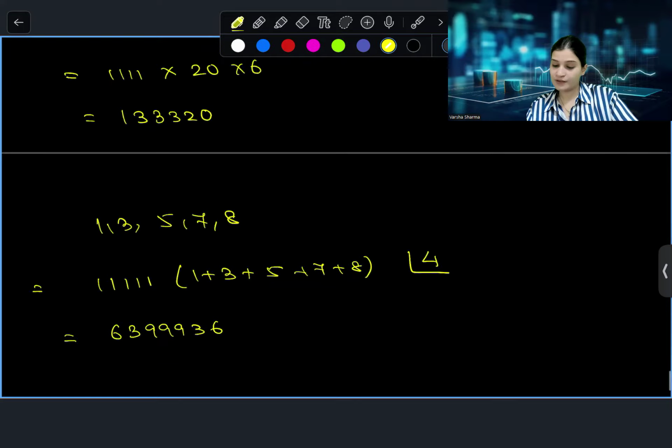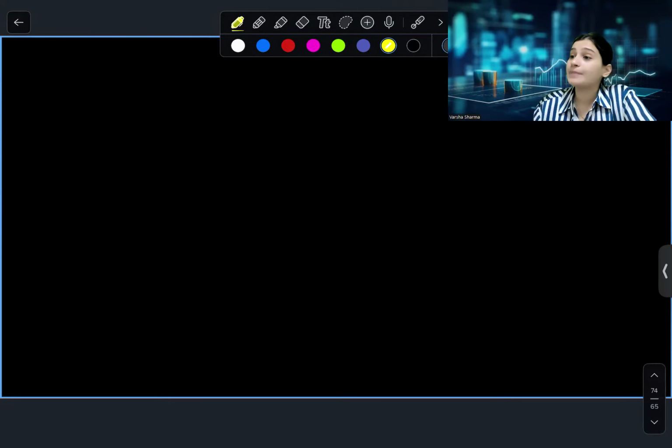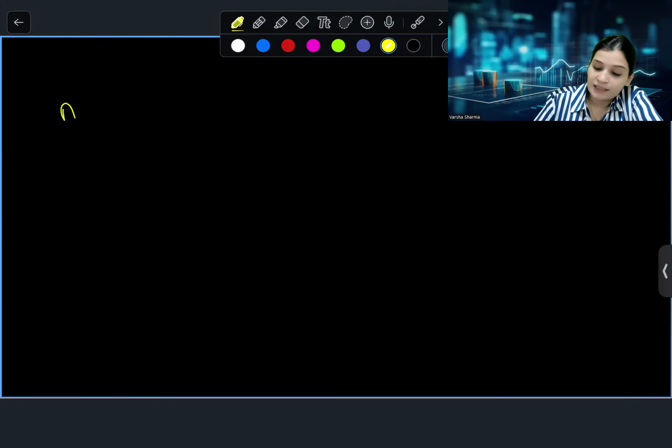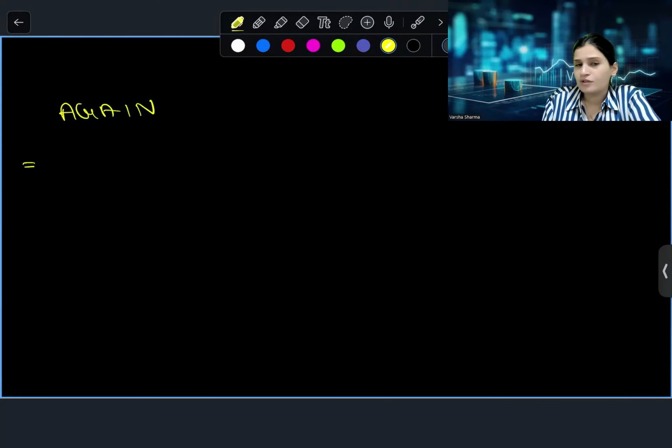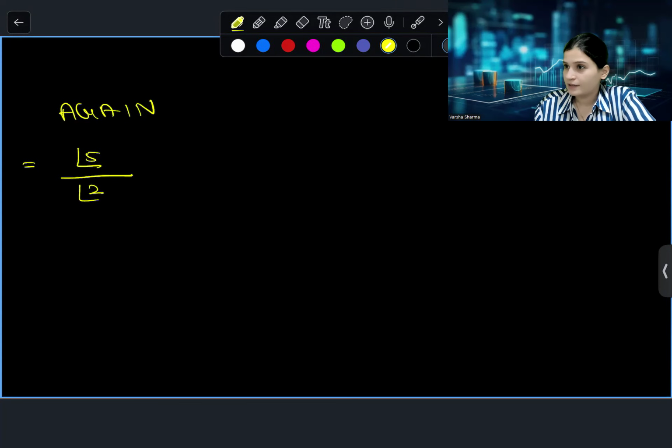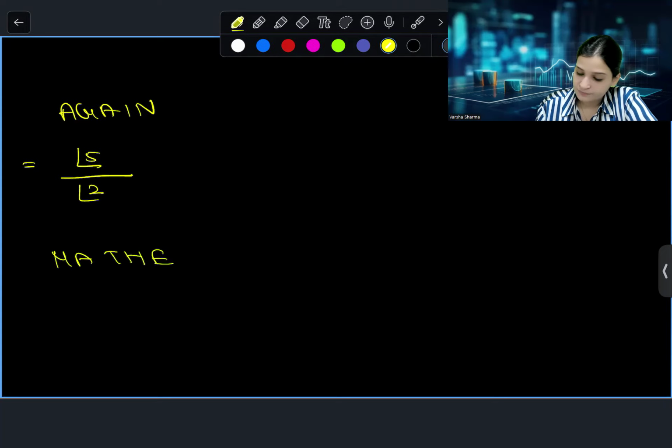Yes, ma'am. Now, if the letters are repeated, for example, again, how many words can we form? So, total factorial divided by the factorial of the number of repetitions. So, there are 2 A's, so divide by 2 factorial. If I have the word mathematics, so total 11 letters.